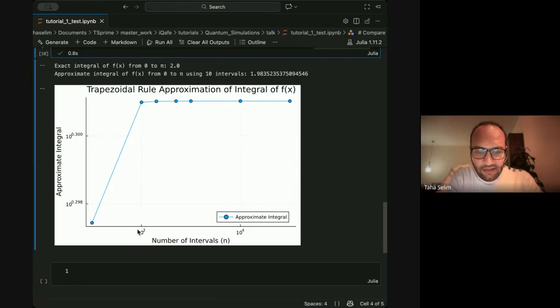So here it's 100, here it's 10,000. The approximate integral is increasing, increasing, and here it sort of saturates. So we call it convergent. So we have a precision that we want to get accurate. Maybe at 1000 we will get a good result, or an identical result up to 16 digits of accuracy.